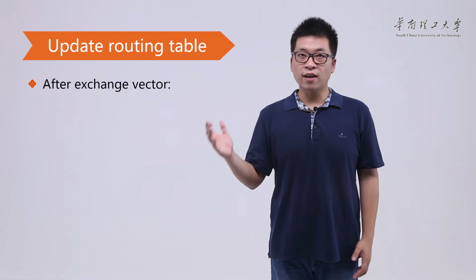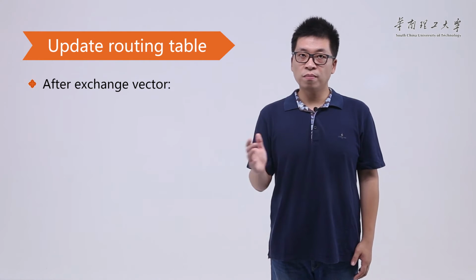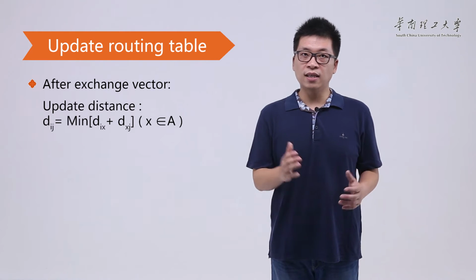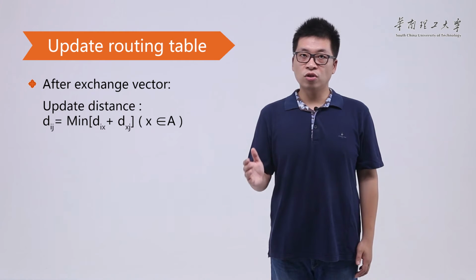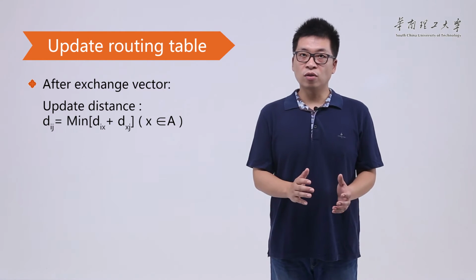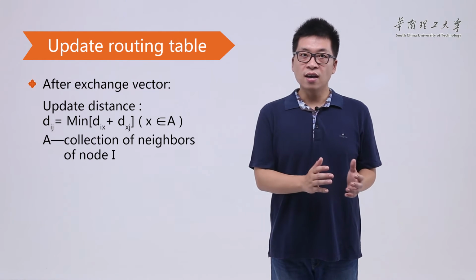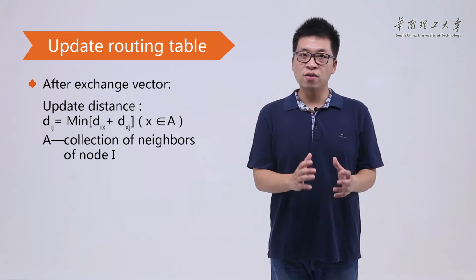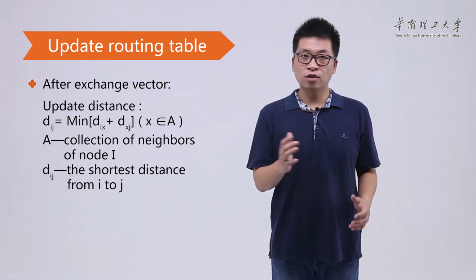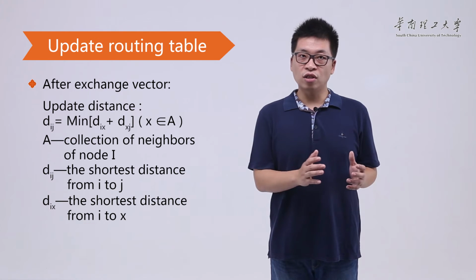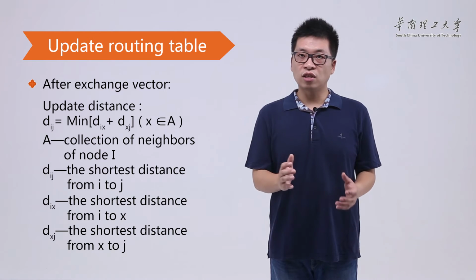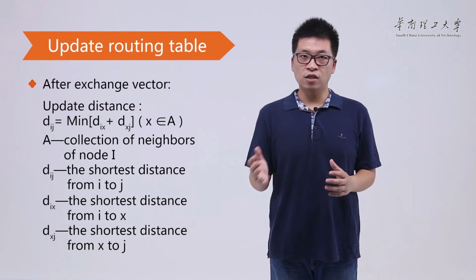After the exchange of vectors, each node uses the following principle to update its routing table. The distance can be updated as dij equals the minimum of dix plus dxj, where x belongs to the set A, in which A is the collection of the neighbors of node i. dij is the shortest distance from i to j, dix is the shortest distance from i to x, and dxj is the shortest distance from x to j.